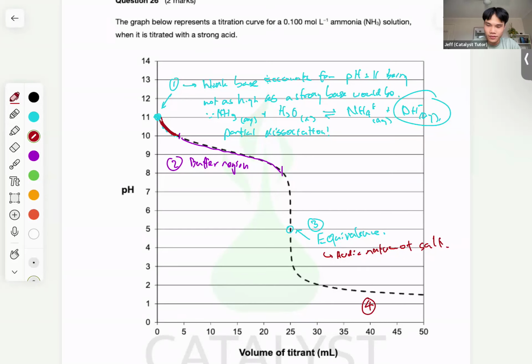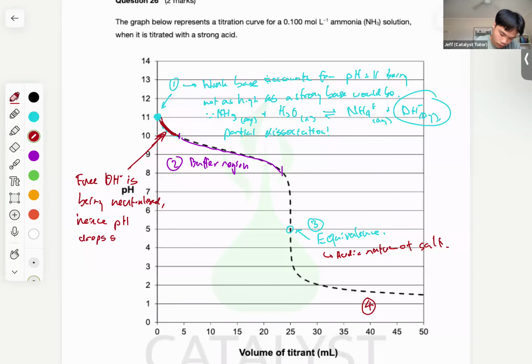Good. Ashley's on the money. So if you wanted to go extra band 6 level, you're saying that there's a sharp decline because the free OH minus in solution, because it's a base curve, is being neutralized, and hence pH drops sharply initially.